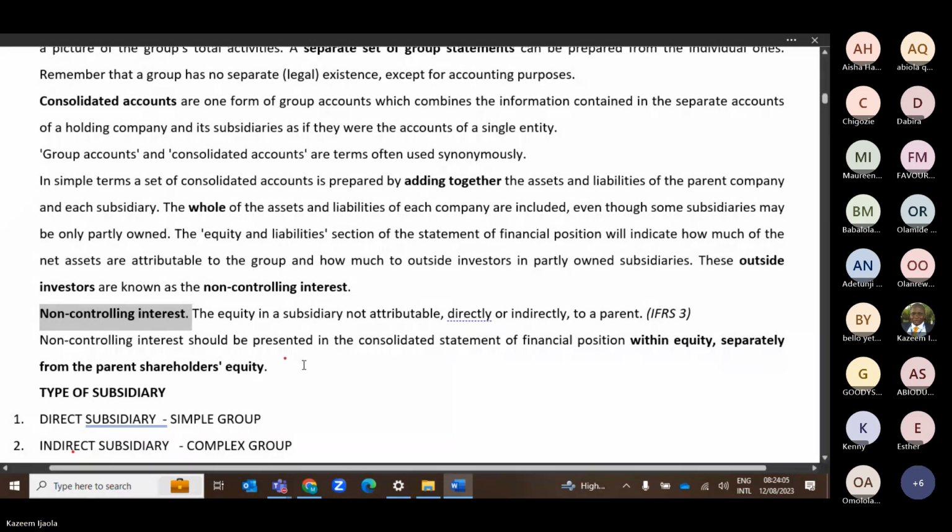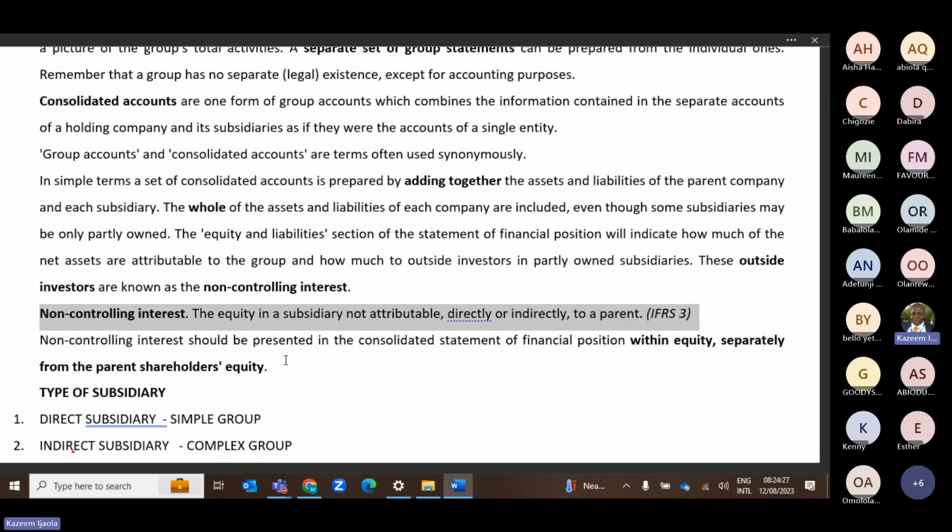For example, if a parent acquires 60% in a subsidiary, then the balance 40% is known as the non-controlling interest. So non-controlling interest is part of the equity of the subsidiary that is not acquired by the parent.